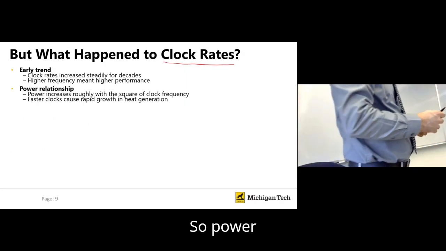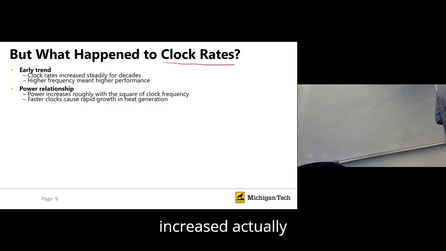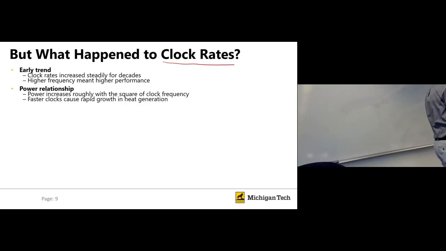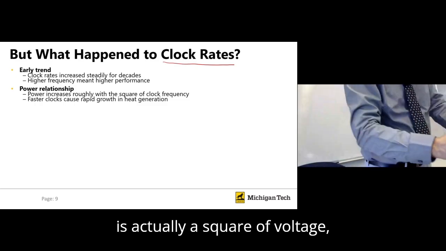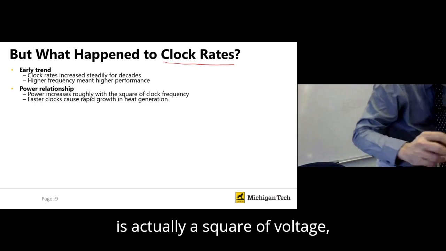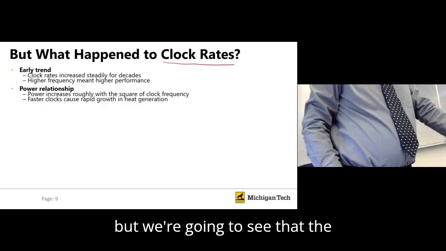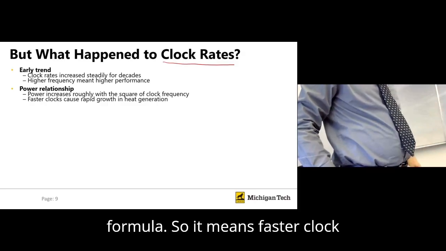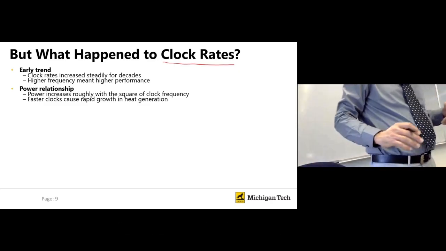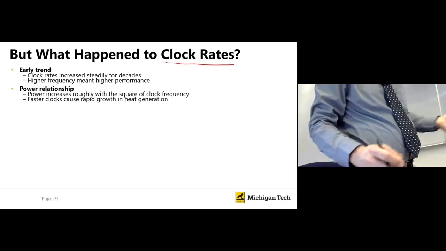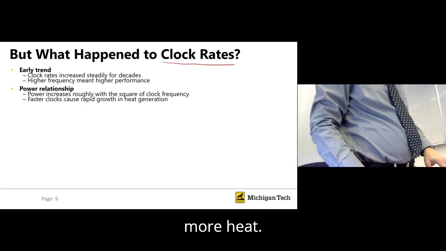So power increases with the square of voltage and with clock frequency. It's actually a square of voltage, but we're going to see the formula. So it means faster clock is more power, or more heat.